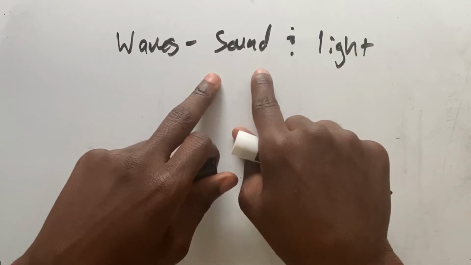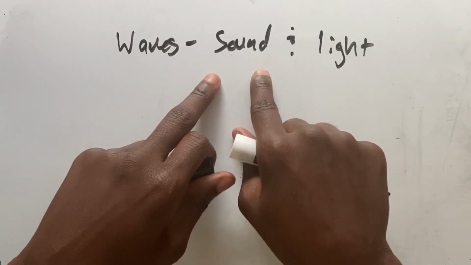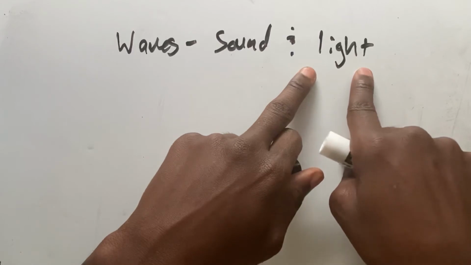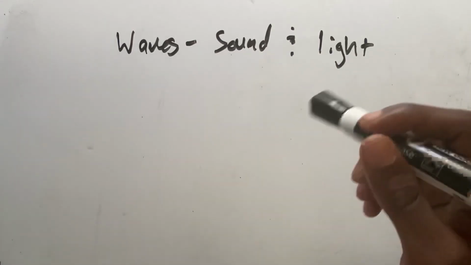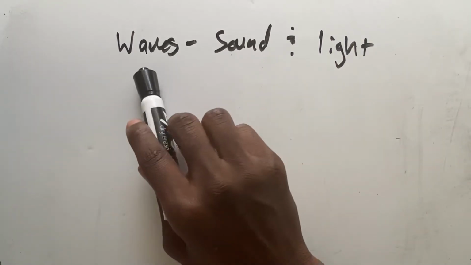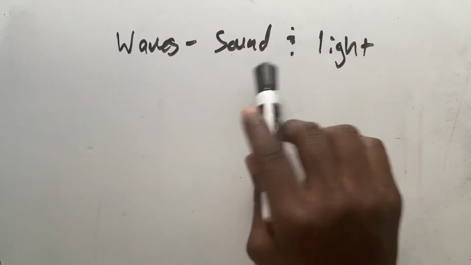Sound can reflect and refract, just like light can reflect and refract, because they're both waves. So basically, the language of waves applies to both sound and light.